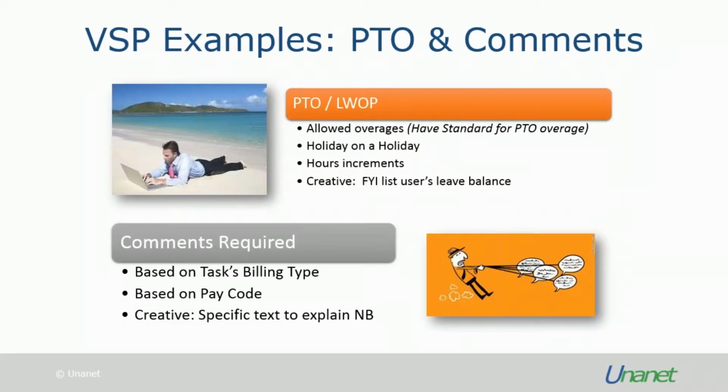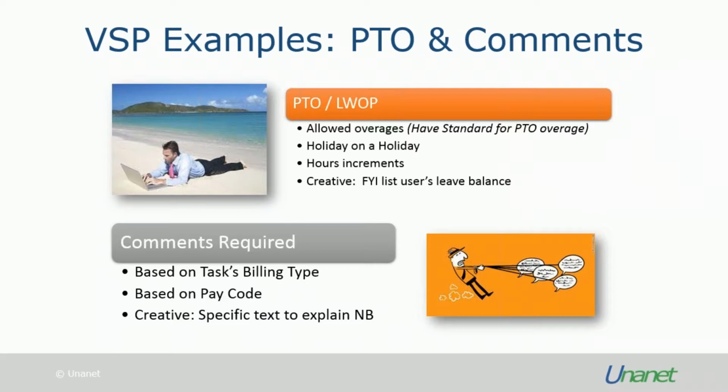So another example of a standard VSP that we have is the PTO overage. This has been pretty popular among clients. Most companies allow PTO time to their employees, but many companies do allow some overage above their allocated PTO time, but they also want an upper limit on that.